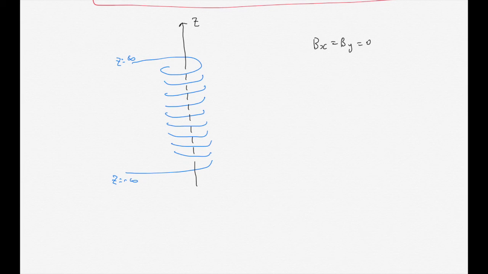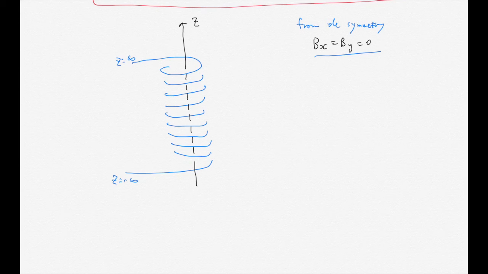From the symmetry, there is no special direction in the x, y directions. So the x component and y component of the magnetic field have to be 0, and we only have a z component.